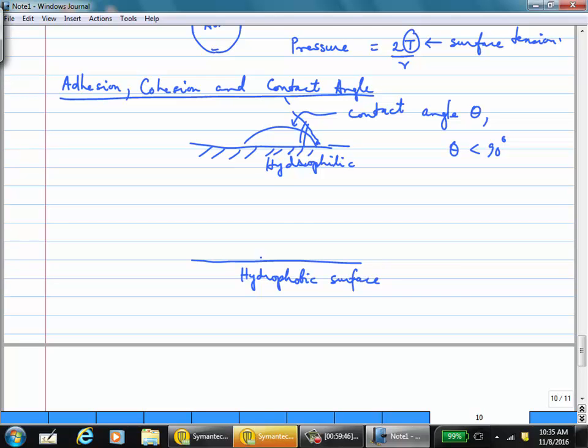So the drop will look like this, and the contact angle in this case is going to be this angle here, which is an obtuse angle, more than 90 degrees. So theta here is greater than 90 degrees.